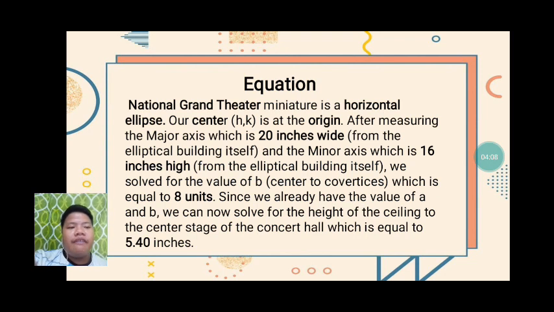Since we already have the values of A and B, we can now solve for the height of the ceiling to the center stage of the concert hall, which is equal to 5.40 inches.